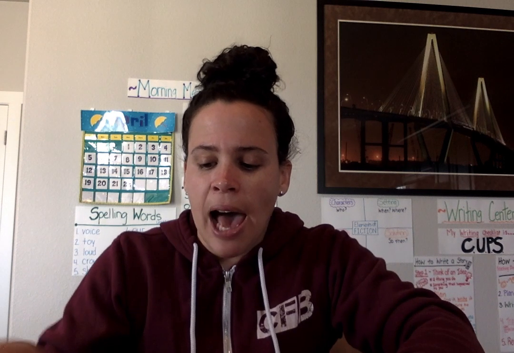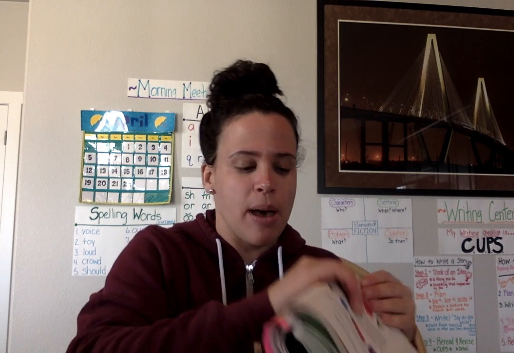Today, like I said, your I can statement is, I can choose the defining attributes of 3D shapes. So what are the defining attributes of a 3D shape? Before we do that, let's quickly do our solve and share to start us thinking about that, and then I have a video for you to watch.